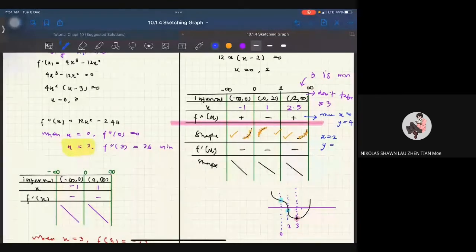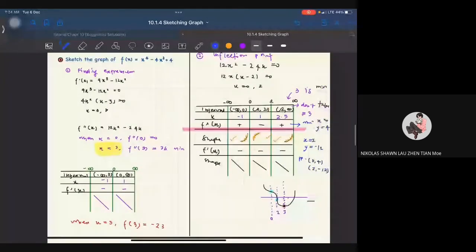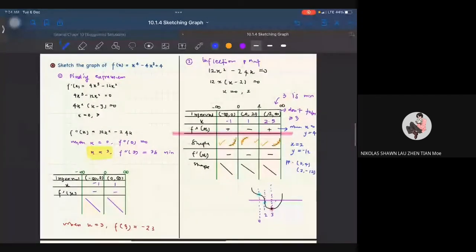Okay, and then x equals 2, y is equal to negative 12. Settle there. So your points for the inflection points are (0, 4) and also (2, -12). Like this. Okay, are we okay so far? Alright, great.